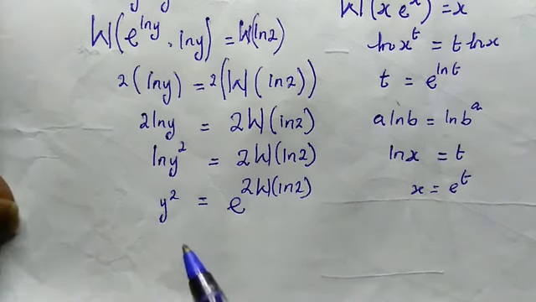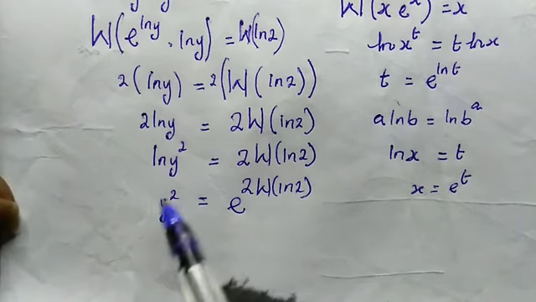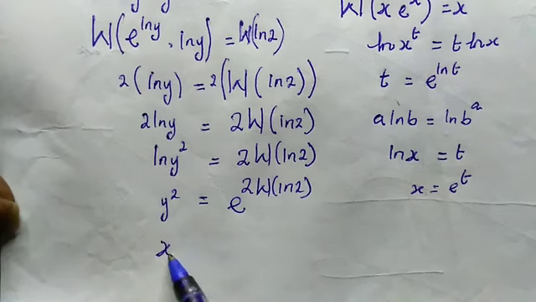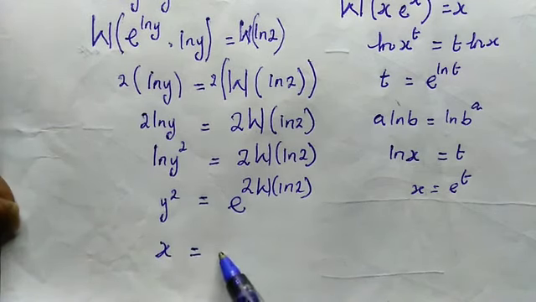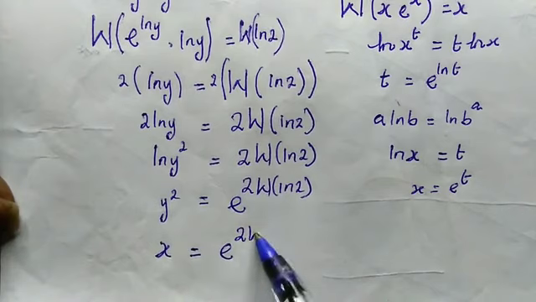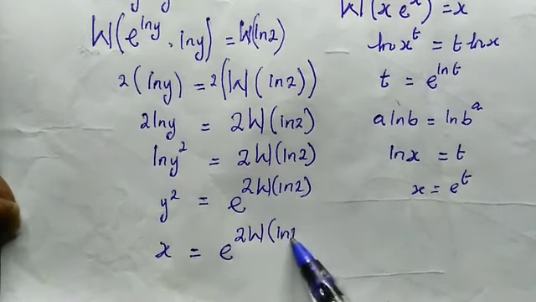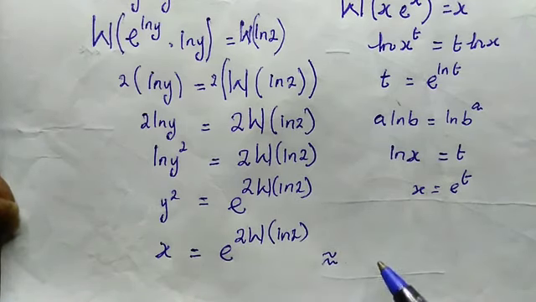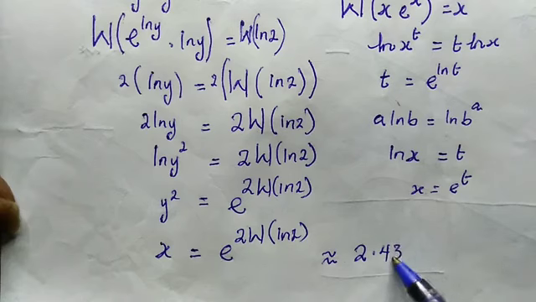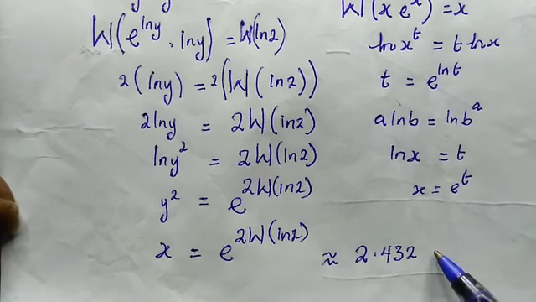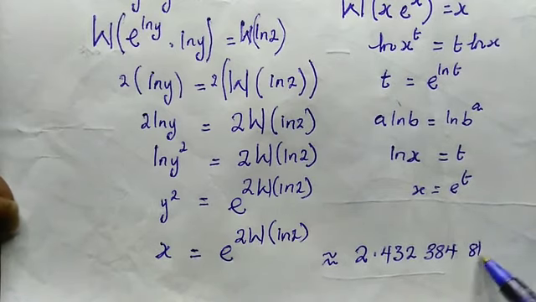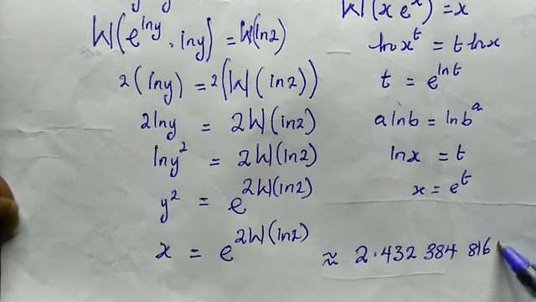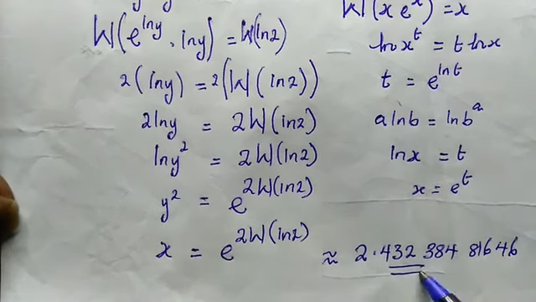Y squared is exactly x, and from here we can replace y squared with x, and here we obtain the value for x. X is equal to e to the power of 2 times the Lambert W function of the natural logarithm of 2, and with the help of my calculator, this is approximately equal to 2.432384646, and this is the solution.